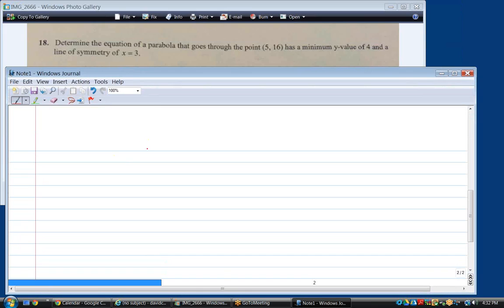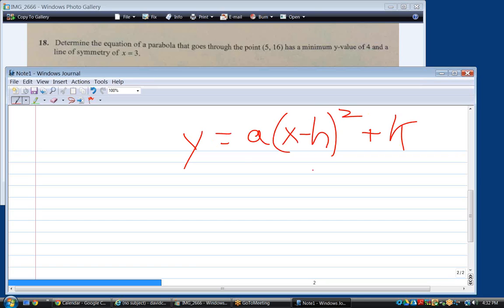What's your standard equation of a parabola in conic sections? Y equals x squared. Maybe this, or it could be this.